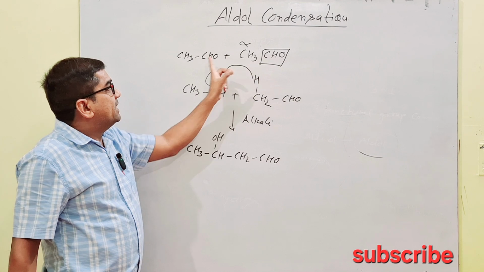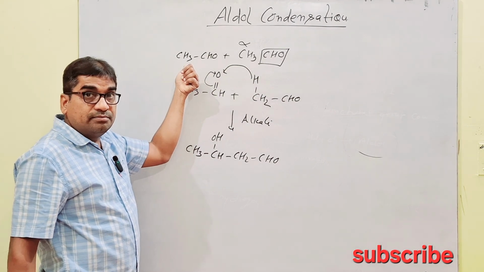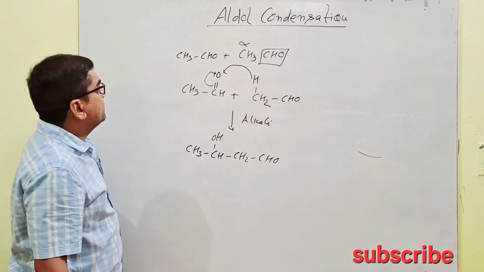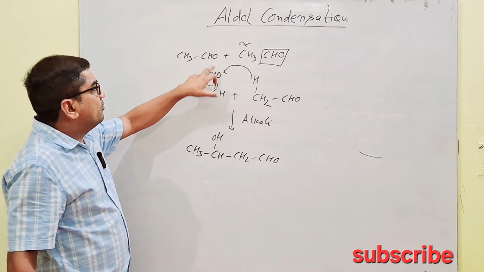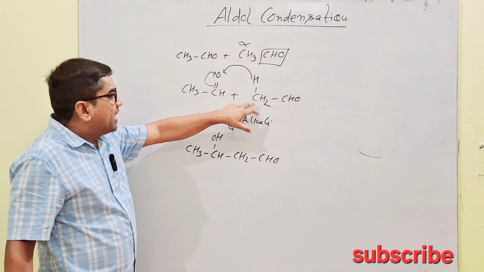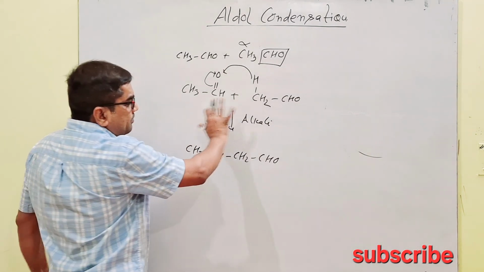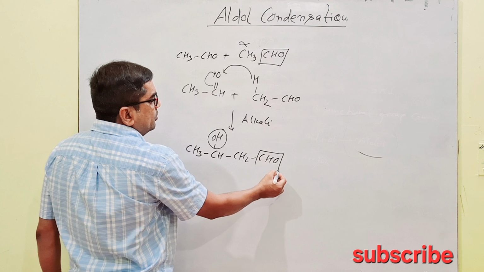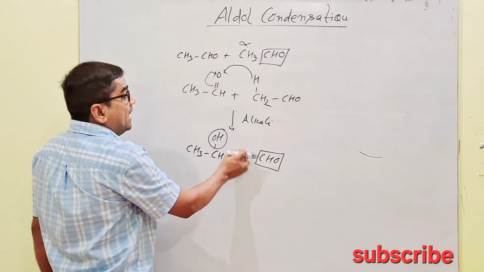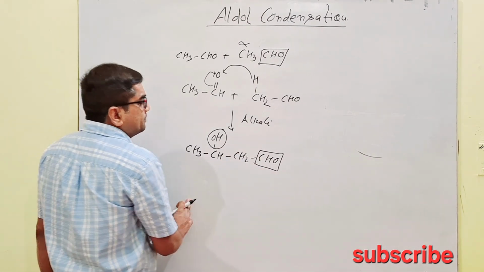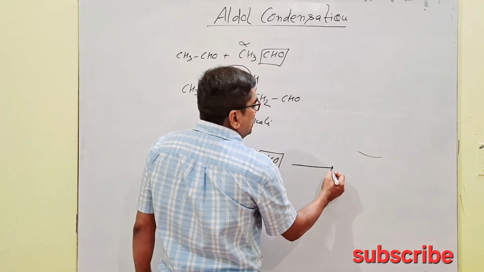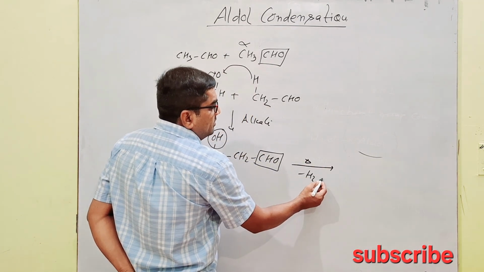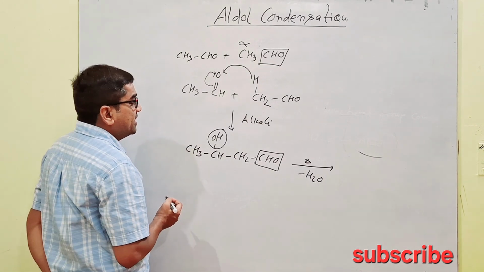Two molecules of aldehyde contain 3 alpha hydrogens, but in aldol condensation we need just 1 alpha hydrogen. So the functional group of one aldehyde with the alpha hydrogen of another forms a product. Since both alcohol and aldehyde are present, it's called aldol. The product formed, when heated, releases water; elimination of water takes place.